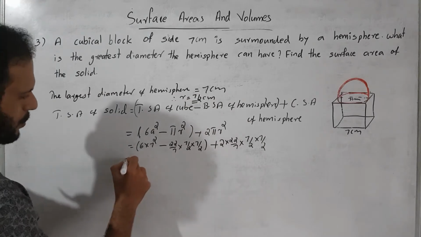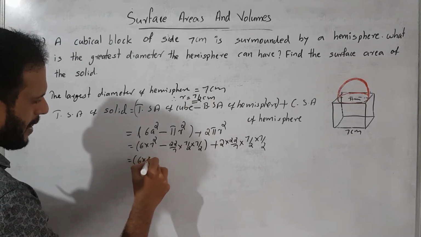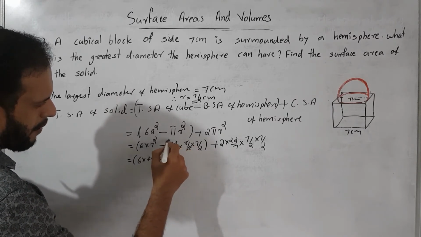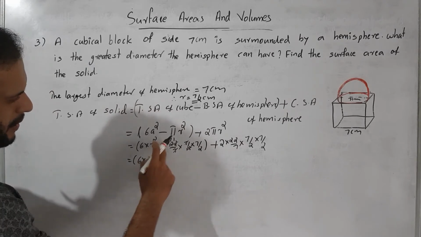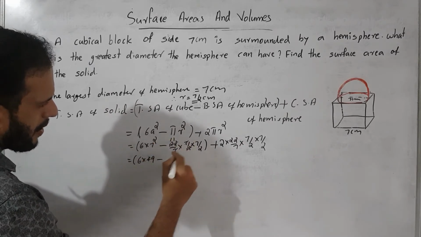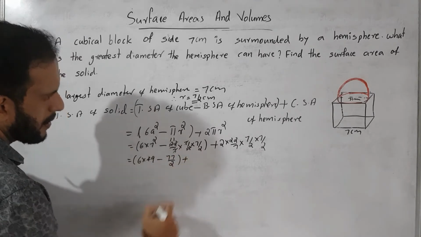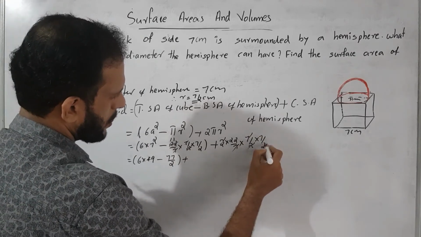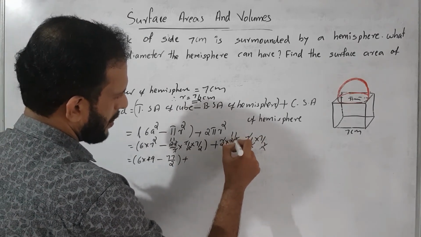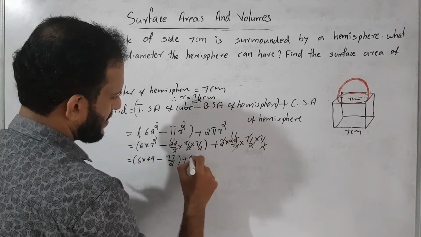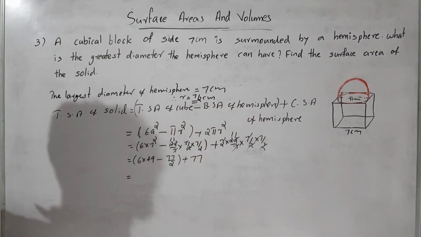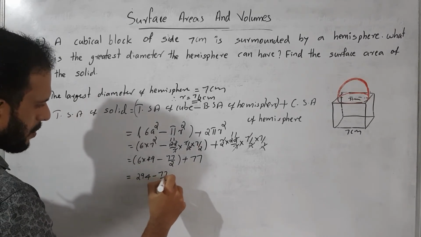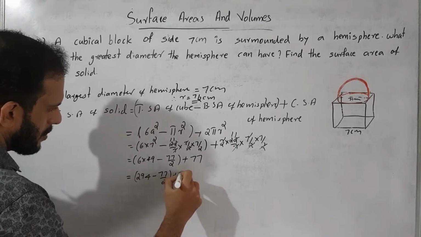Then it is equal to 6 into 49 minus, here it is possible to cancel 7 and 2, 11 times. Then what we get, 77 by 2 plus, here we cancel 2 and 7. Then it is possible to reduce 2 and 22, 11 times, then 11 into 7 is 77. 6 into 49 is 294 minus 77 by 2 plus 77.